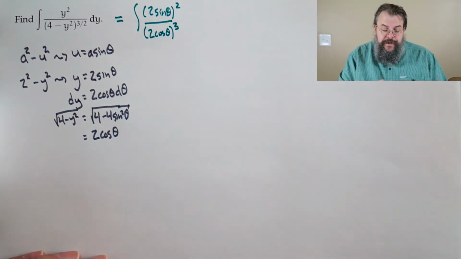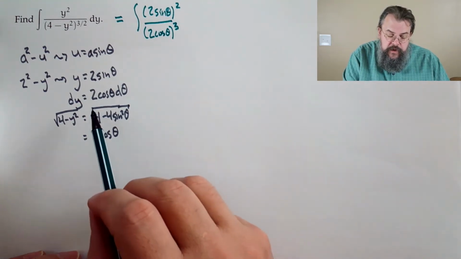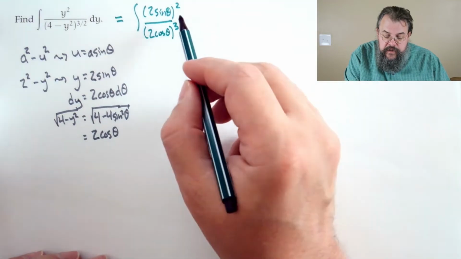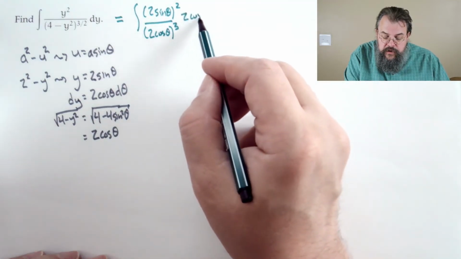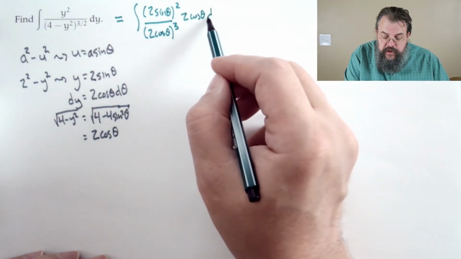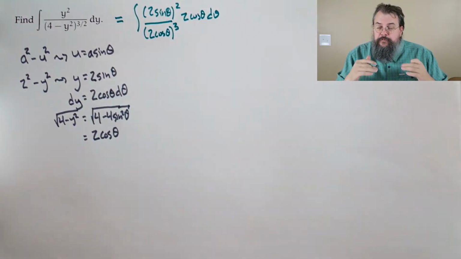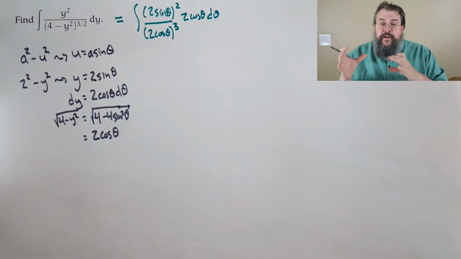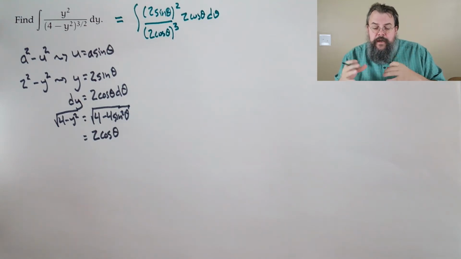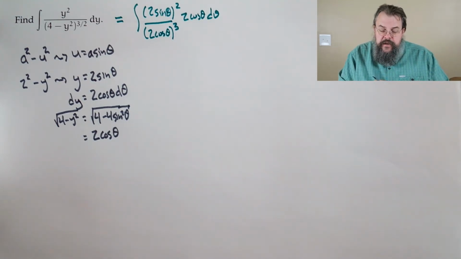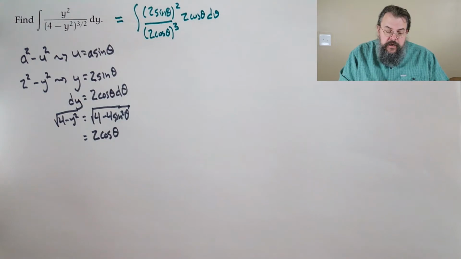All right, well, what is dy? Well, dy is 2 cosine theta d theta. So we've done our translation. Everything has been translated, right? We started with everything in terms of y. Everything now is in terms of theta. And we're actually pretty good, right?